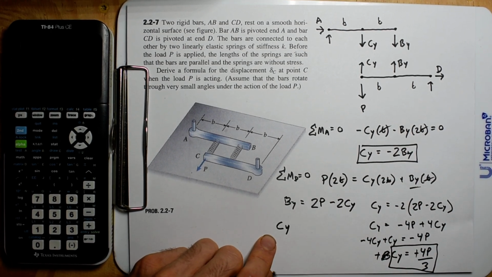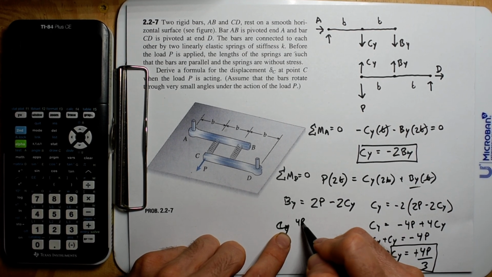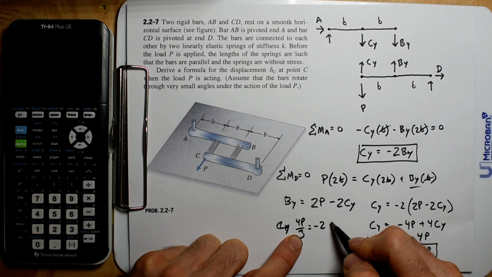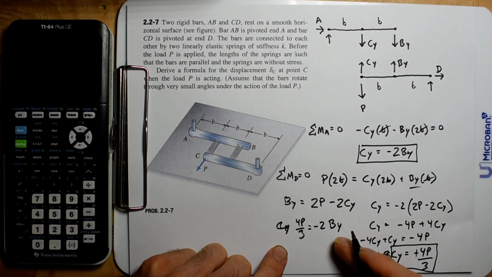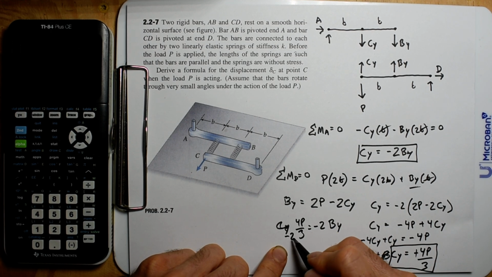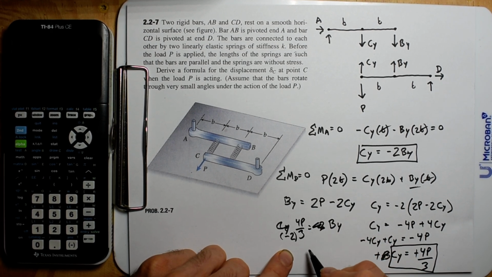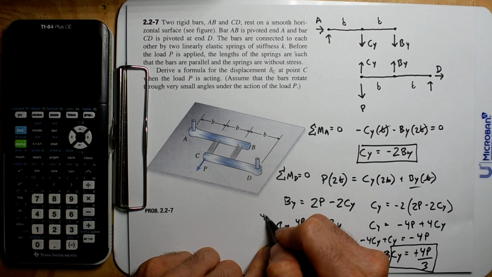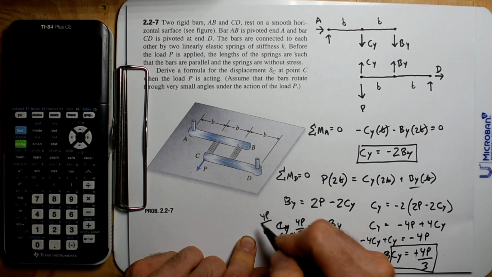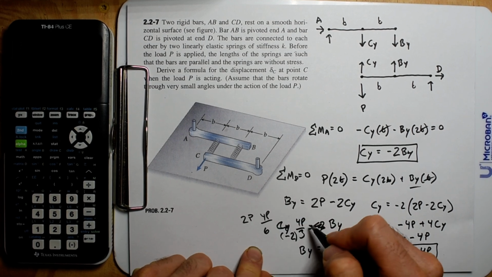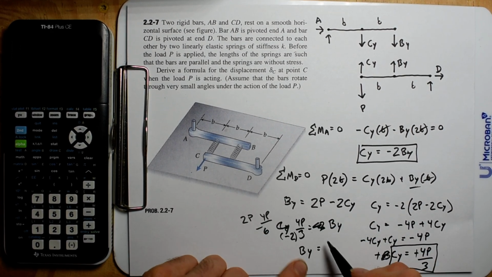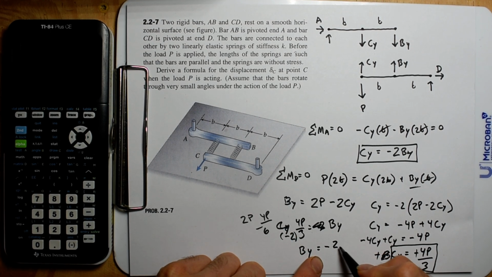So 4P over 3 is equal to negative 2By. Let's bring this negative 2 downstairs, so By is equal to negative 4P over 6, which is negative 2P over 3.